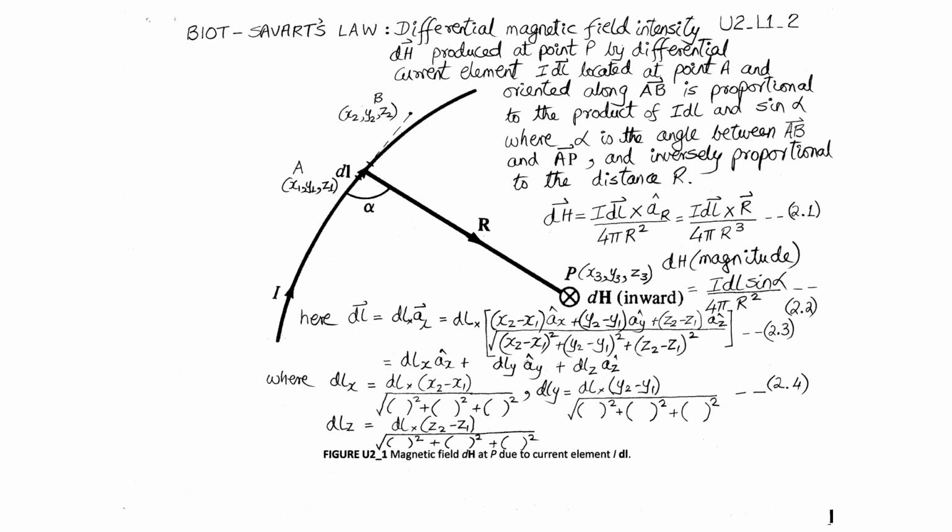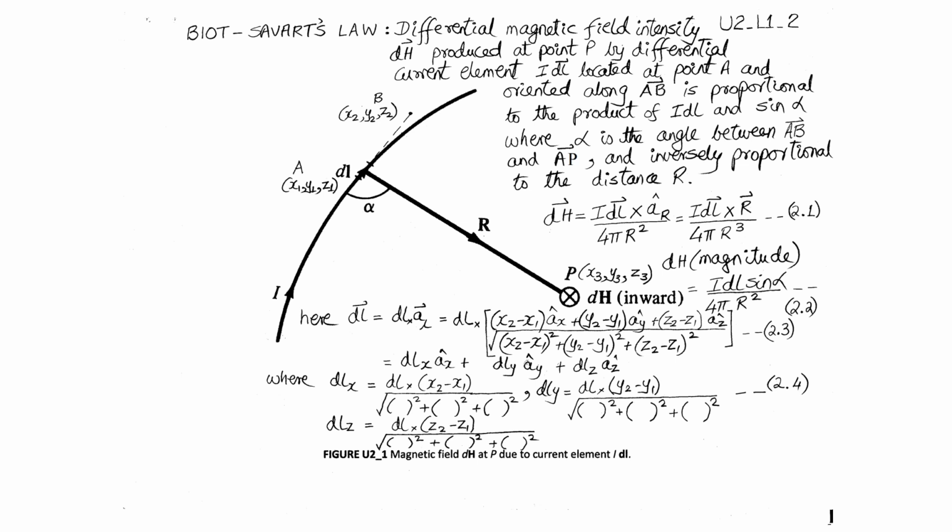In vector notation, this is represented by equation 2.1, which states dH vector equals I dl vector cross AR vector divided by 4 pi r squared. Here AR is the unit vector along the direction AB.